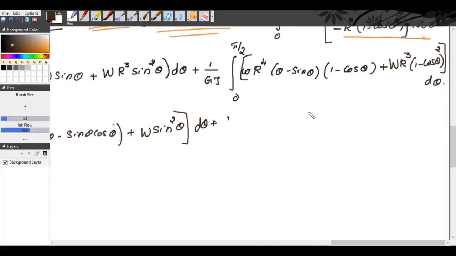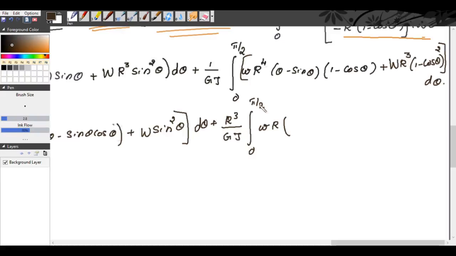Plus, from here we will take R cube out. So R cube by GJ into integration of 0 to pi by 2 into W R theta minus W, okay, we will take WR.